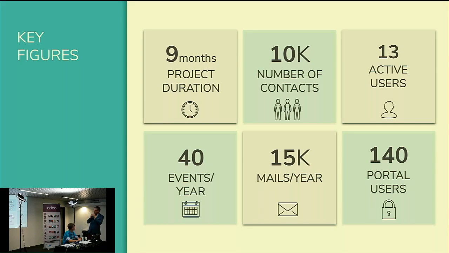So in some numbers, the project that we started at the end of last summer, last year, was about nine months. We have now identified other things, as you can imagine, that we should do better. Today we have about 10,000 people in the system that we connect with, and we connect with them now very, very often.